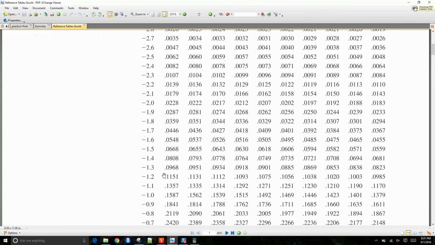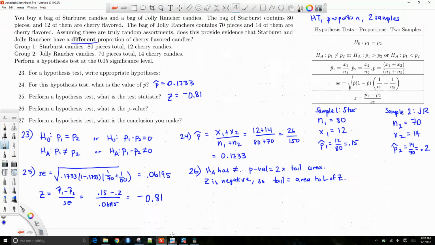At negative 0.81, the area to the left is 0.2090. So my p-value is 2 times my tail area. So p-value is 2 times 0.2090. I get a p-value of 0.4180. Okay, so our p-value is 0.4180.